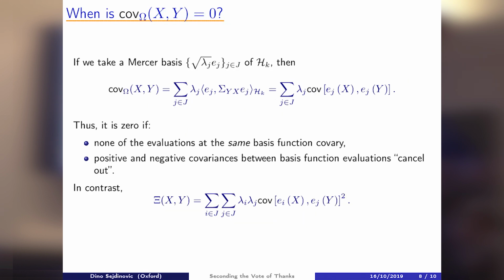So there are alternative interpretations in terms of a Mercer basis. So if we consider the Mercer basis of the corresponding RKHS, then we can simply uncover metric covariance as this expression on the right-hand side there. So it's a sum scaled with the eigenvalues corresponding to the integral kernel operator, so those are not too important for this discussion, of the covariance between e_j(X) and e_j(Y), and e_j are some basis functions of L2.